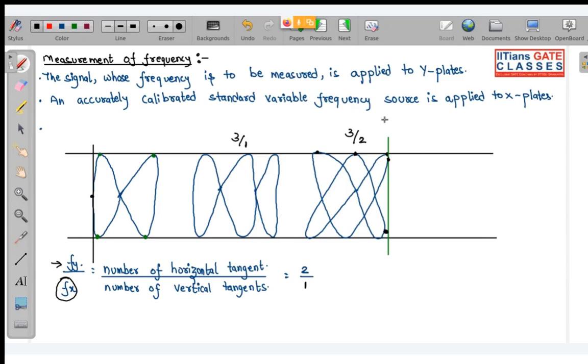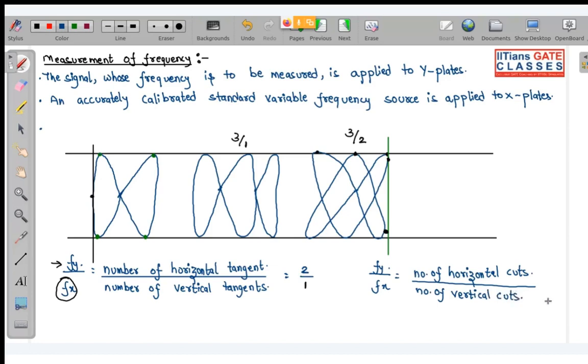Now one more method, that is your cut method. Basically here also, fy by fx is equal to the number of horizontal cuts divided by the number of vertical cuts.